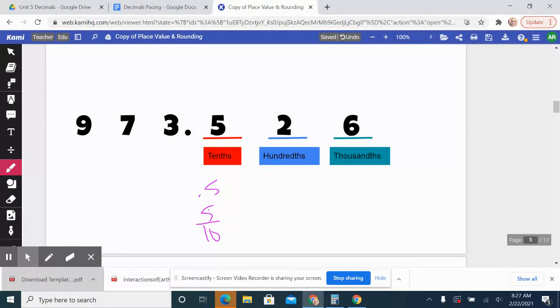So this 2 hundredths, technically speaking, you would write it like that. And if you were to write it as a fraction, it would be 2 over 100. And then this 6 thousandths, right? This is how you would write this, 0.006. And that fraction would be 6 over 1,000.